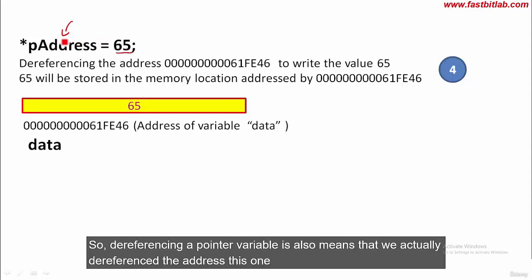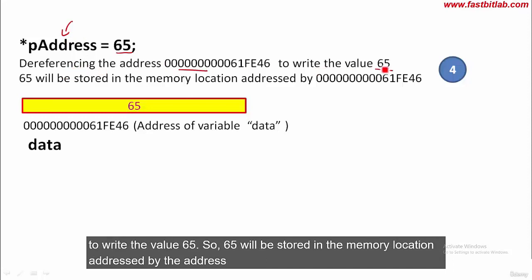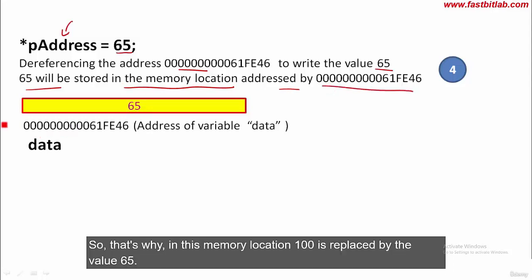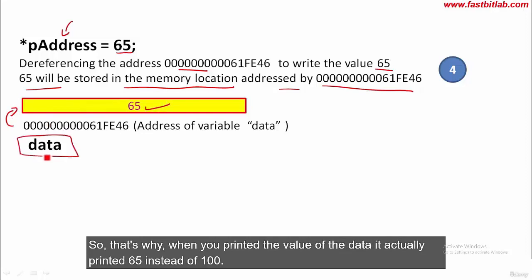So dereferencing a pointer variable also means that we actually dereferenced the address, this one, to write the value 65. So 65 will be stored in the memory location addressed by the address, this one. So that's why in this memory location 100 is replaced by the value 65. So that's why when you printed the value of the data, it actually printed 65 instead of 100.